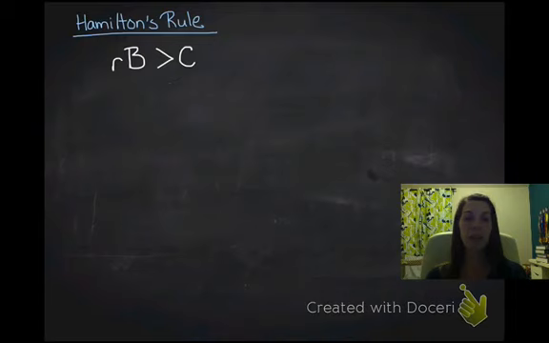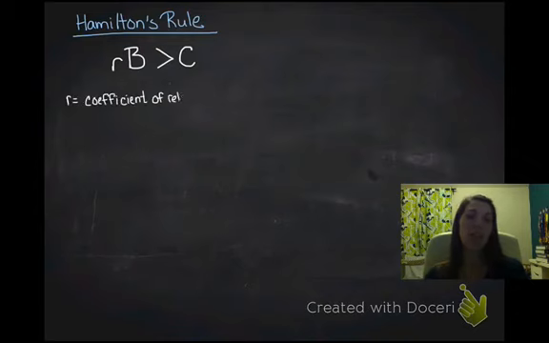Hamilton's rule is that R times B must be greater than C. We need to talk about what those variables are. I'm not going to ask you to calculate Hamilton's rule ever, but I want you to understand what it means so you understand the concept of kin selection.